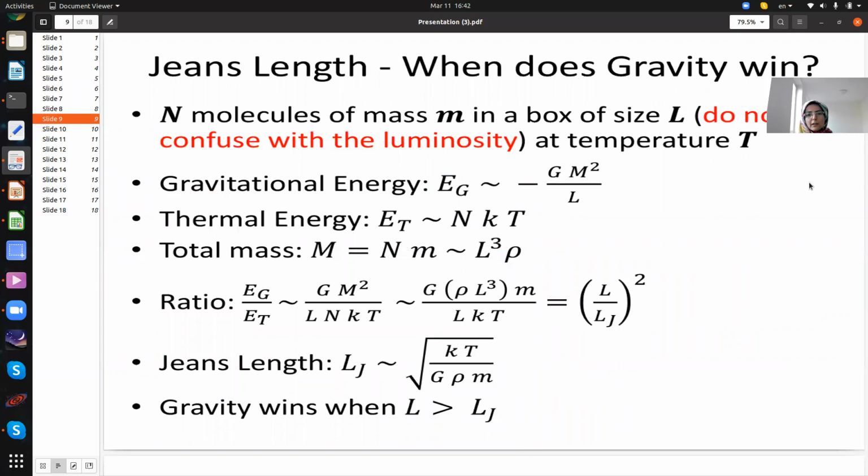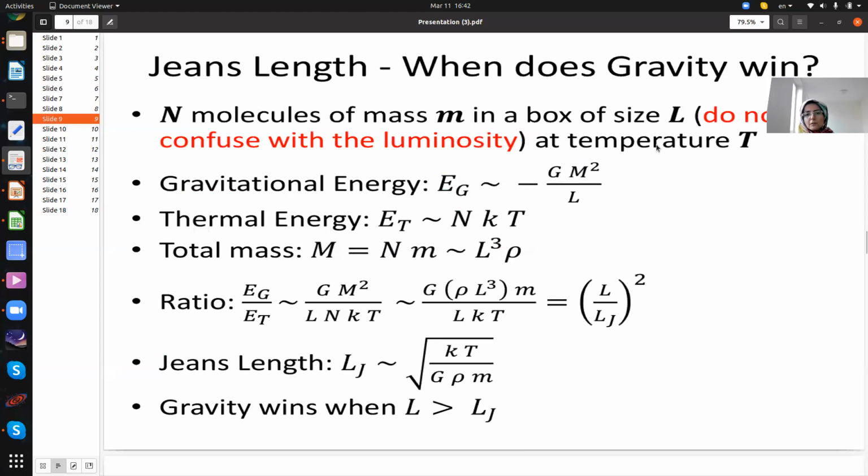We have something that we call the Jeans length. When does gravity win? For example, we have N molecules of mass m in a box of size L. Just pay attention that here L is not luminosity; L is related to length or size.